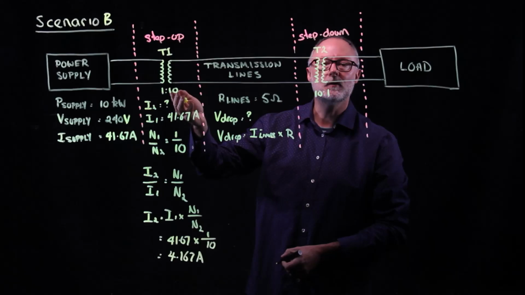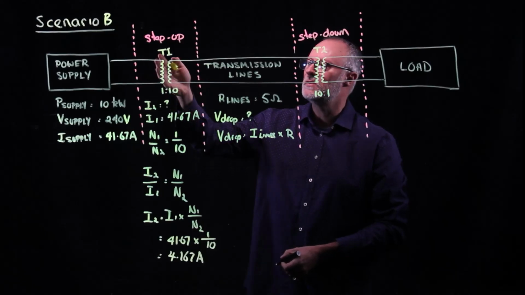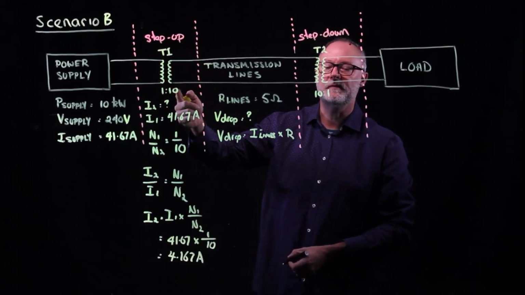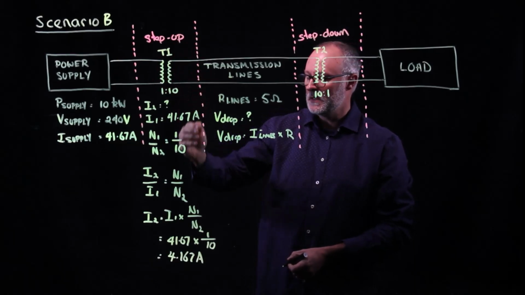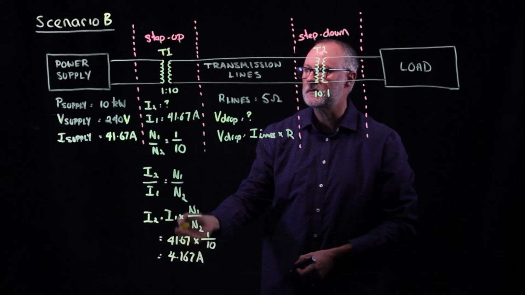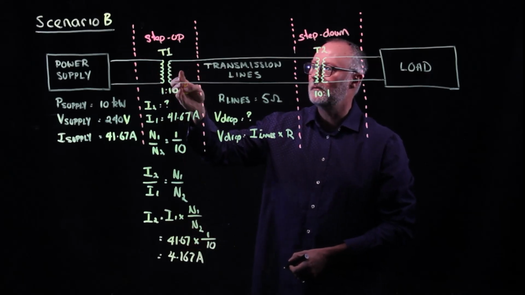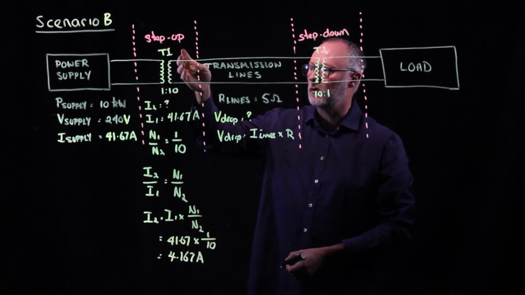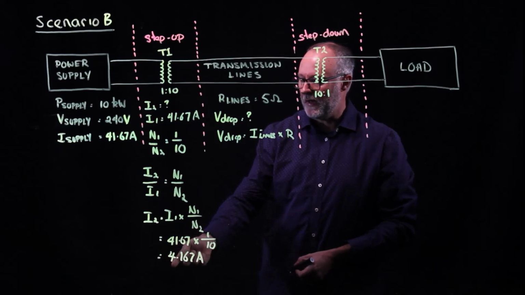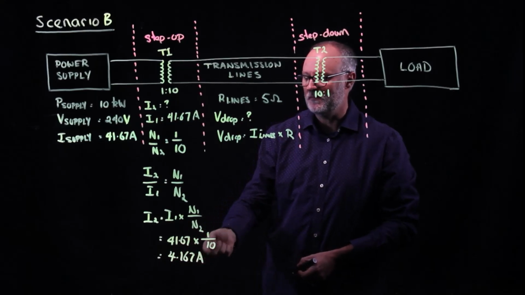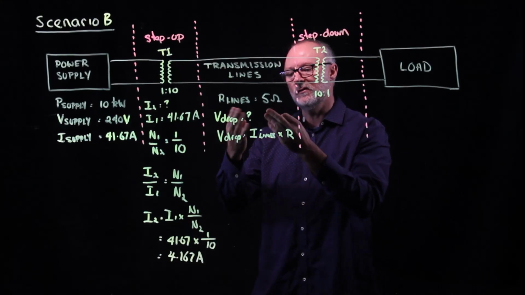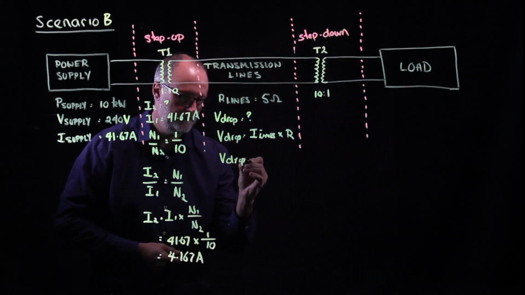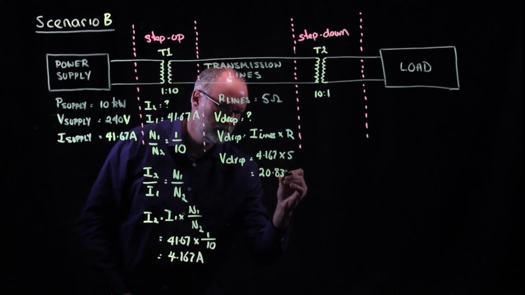It's a 1 to 10 ratio in terms of turns, so it's stepping up the voltage by a factor of 10, but it's stepping down the current by a factor of 10. So we started with 41.67 amps. Once it exits the transformer, and we measure this across coil 2, we find we have a current of 4.167 amps. We can now substitute that value into our equation to work out the voltage drop.